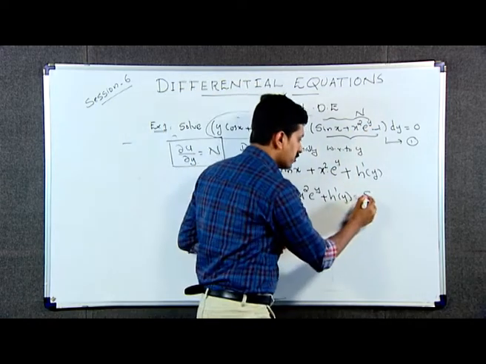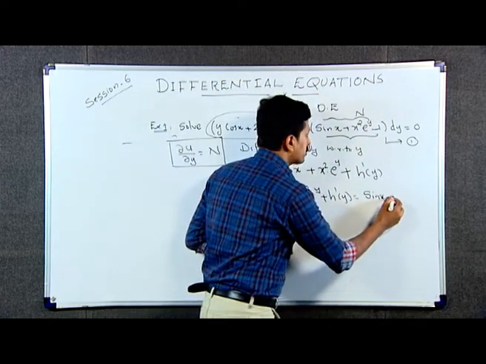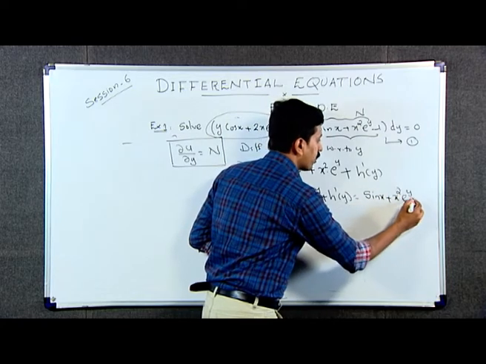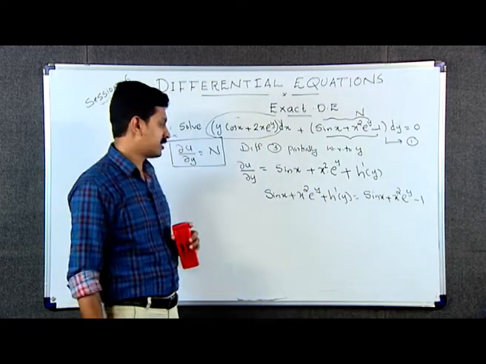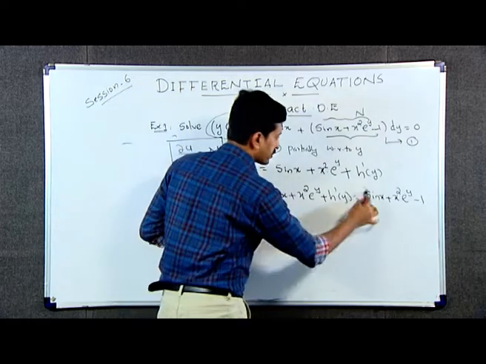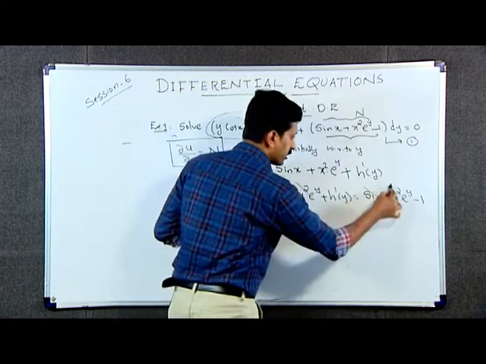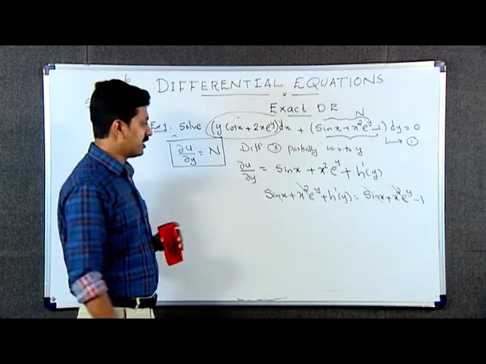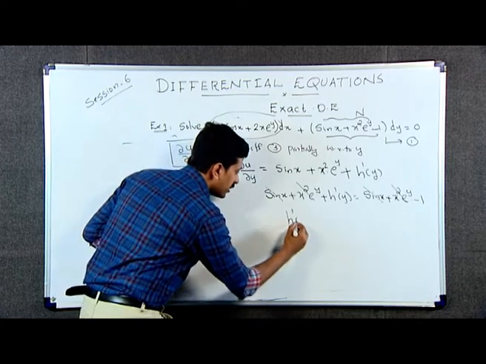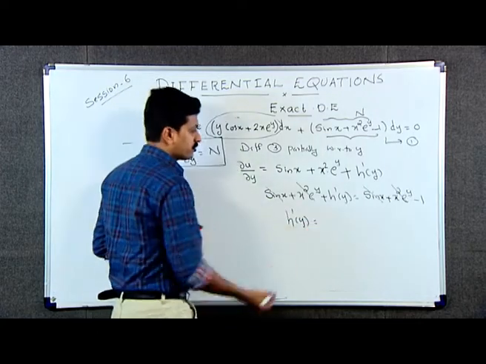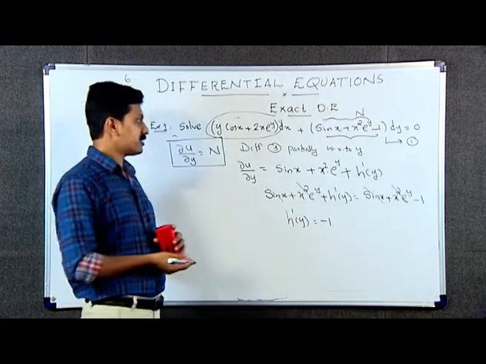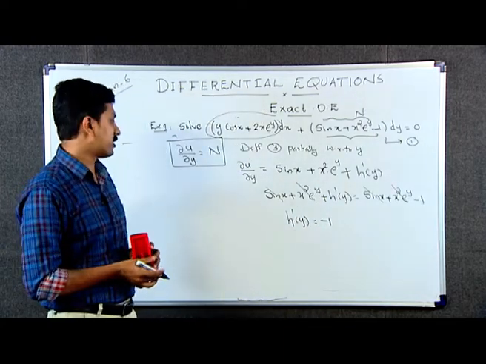Both sides have sin x and x square e raised to y. The remaining is h dash of y is equal to minus 1.